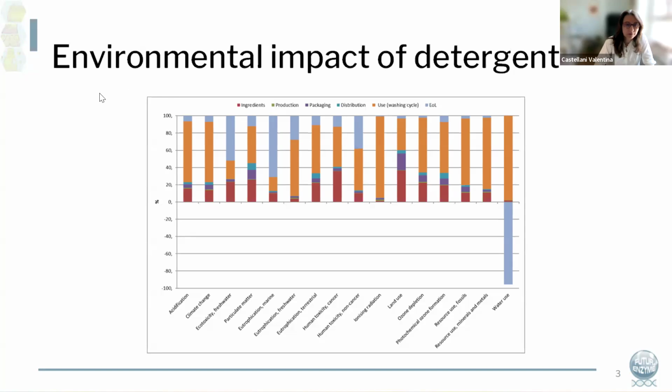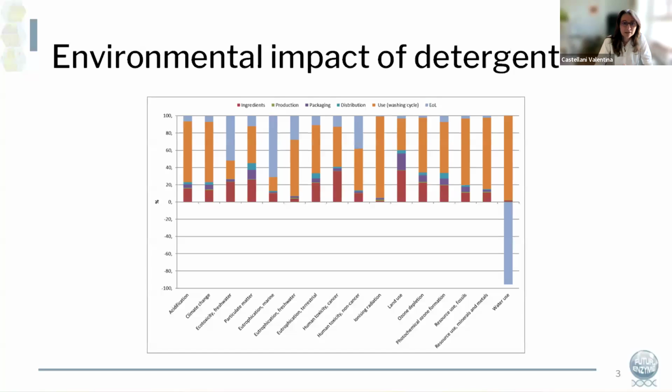The second most important is the wastewater treatment, and for some categories, the production of the ingredients. But I would say that the washing cycle is definitely the most important part of the life cycle in terms of being a driver of environmental impacts, several environmental impacts.